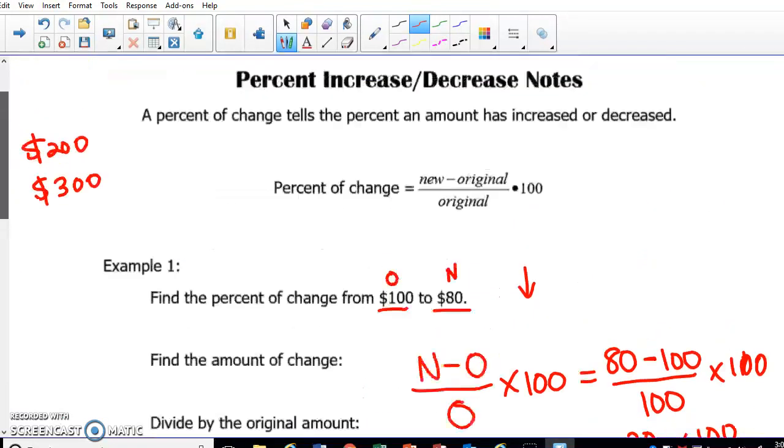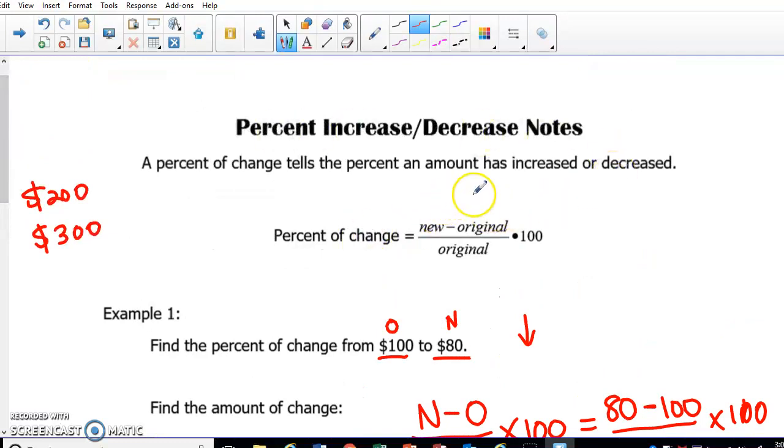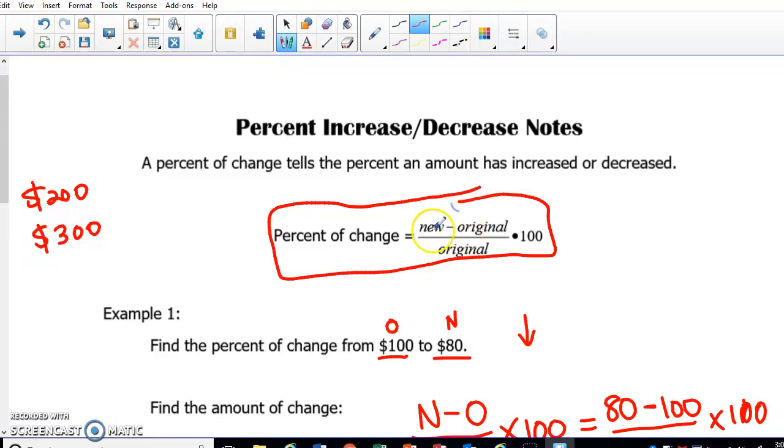When you do percent of increase and percent of decrease, you have to remember this formula: percent of change is new minus old divided by old times 100. That's one way to memorize it. Once you figure that out, you make sure you label what's old, what's new, and plug it into the formula. How easy is that?